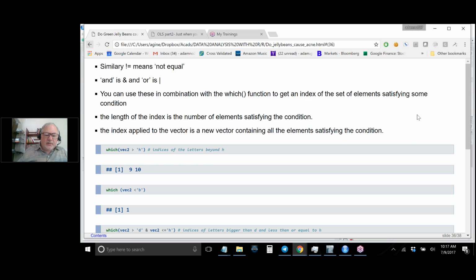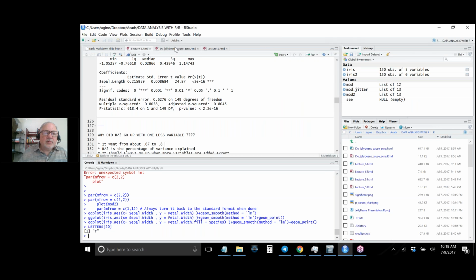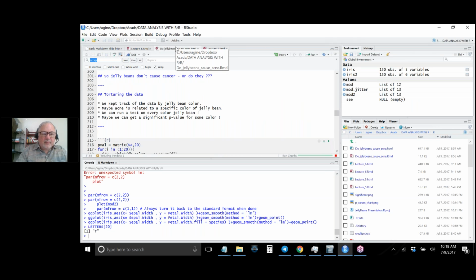Somehow I've lost the slide in which I told you what vec2 is, but vec2 is just a vector of length 10 containing the first 10 letters. So in fact, let me just show you how you create it.